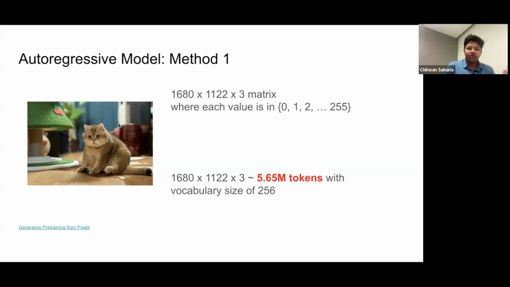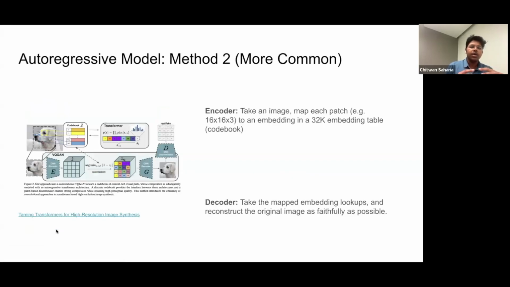And it has been tried before, so I would recommend you read Generative Pre-training from Pixels, where they try it on 32 by 32 images, and even there they say how challenging it can be to model images like this. So one thing that most people who try to model images using autoregressive models do is that they try to somehow compress this image into a smaller latent space and train a transformer autoregressive model in that space.